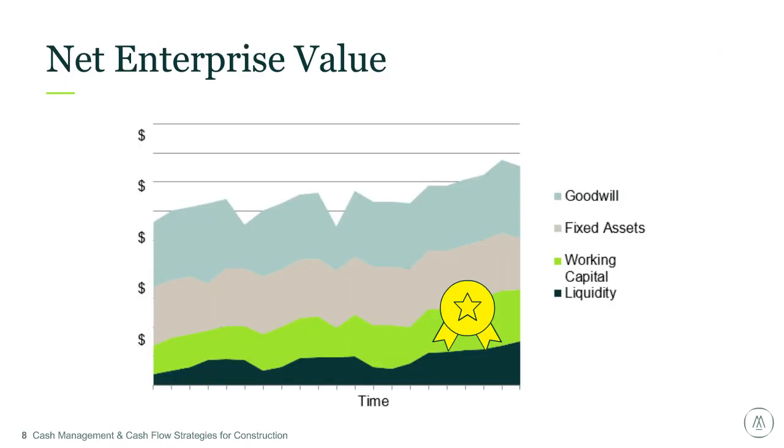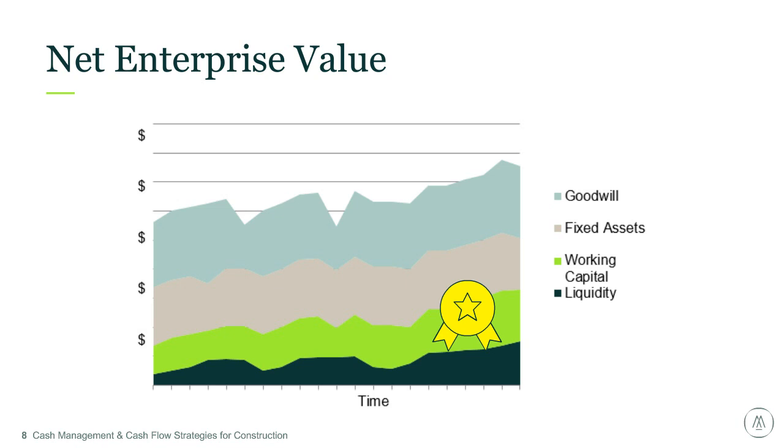This is the way we think about value, and looking at net enterprise value. You see dollars on the vertical axis here, and time on the horizontal axis. Essentially we're looking at the variable growth of different areas of a company over time. You'll see four main buckets: goodwill, fixed assets, working capital, and liquidity.